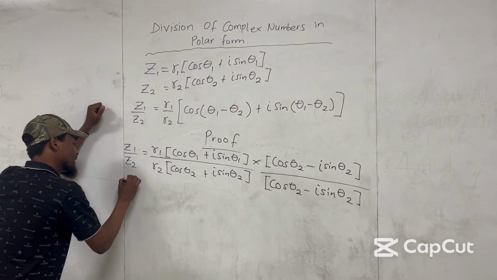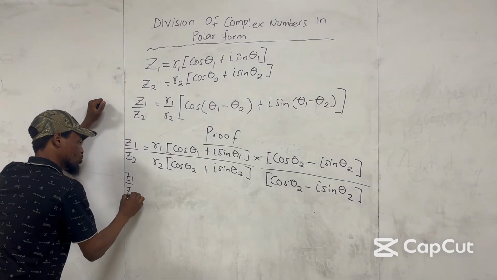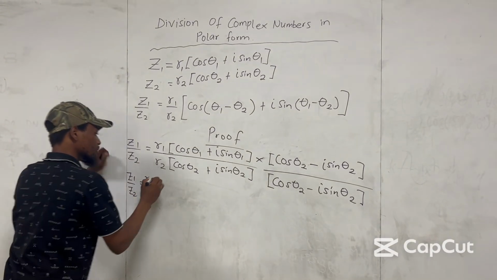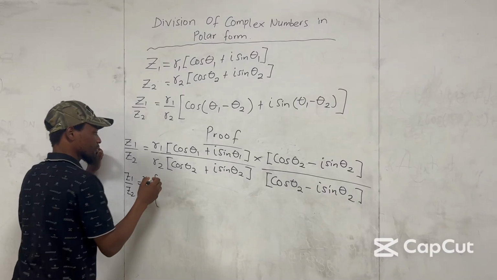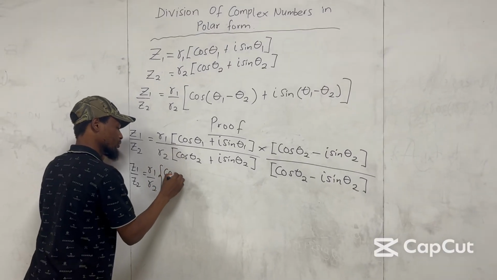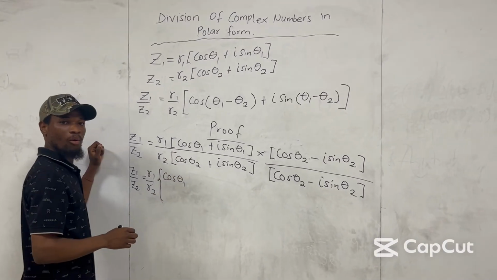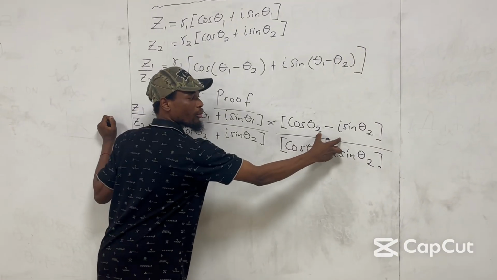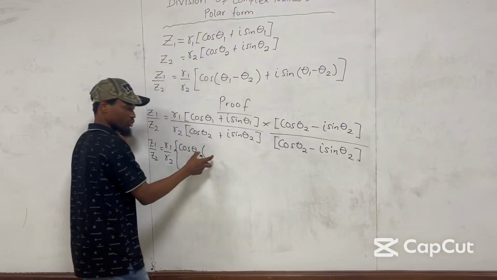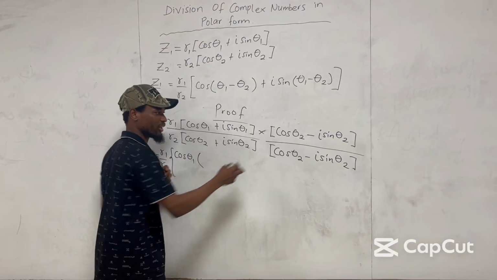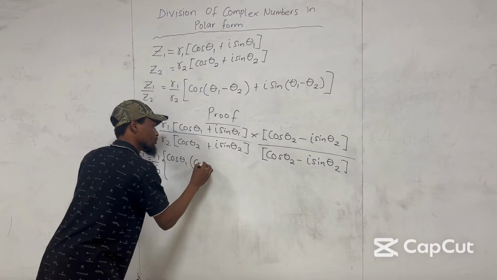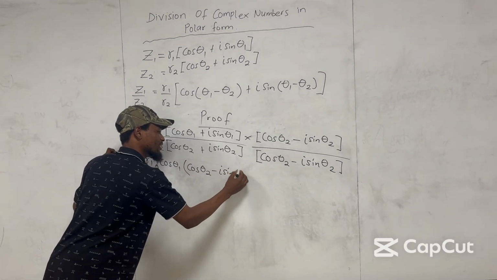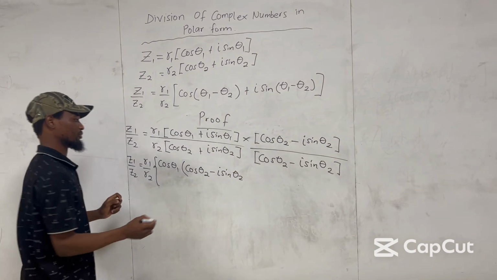So I have z1 over z2, which is equal to r1 over r2. Then I have cos theta 1. I pick this term, then I open bracket. Everything over here, it's just a matter of doing copy and paste. So I have cos theta 2 minus i sin theta 2.